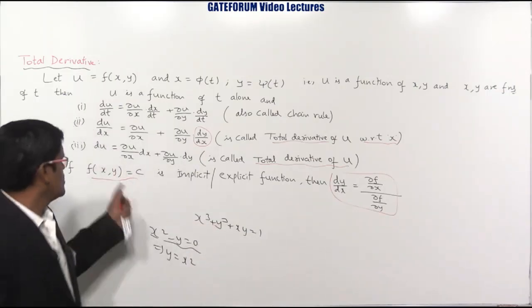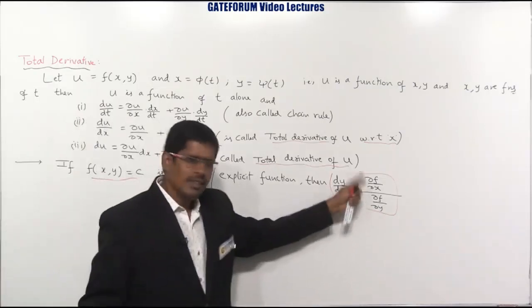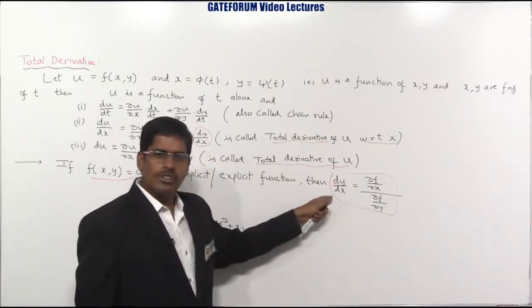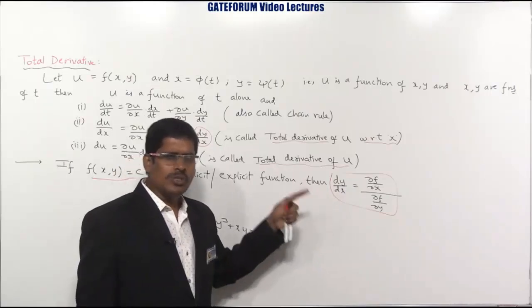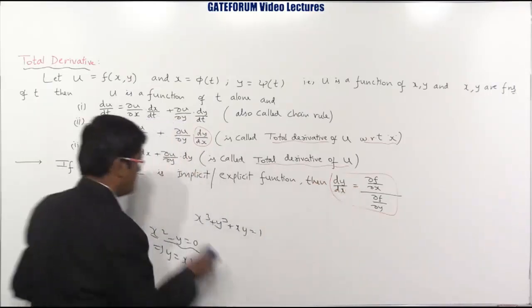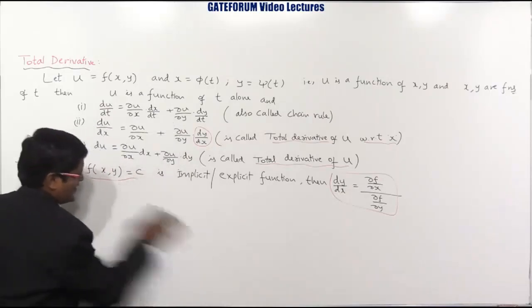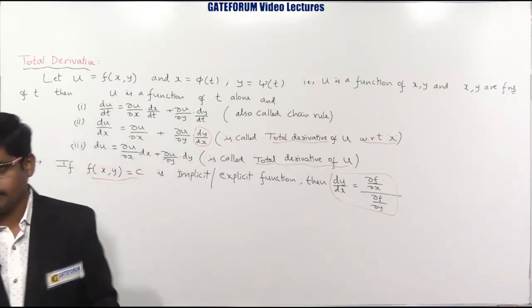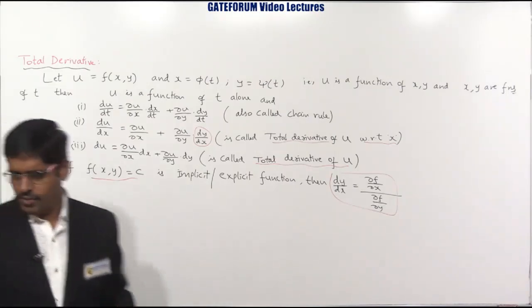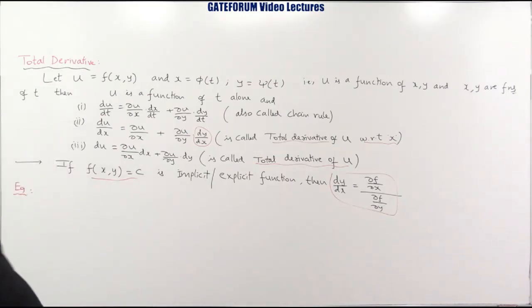In both cases, you can find dy by dx, just like from 11th class also. Without partial derivatives, you can get dy by dx. But using partial derivatives, the dy by dx formula is very easy by this method. So please take care.